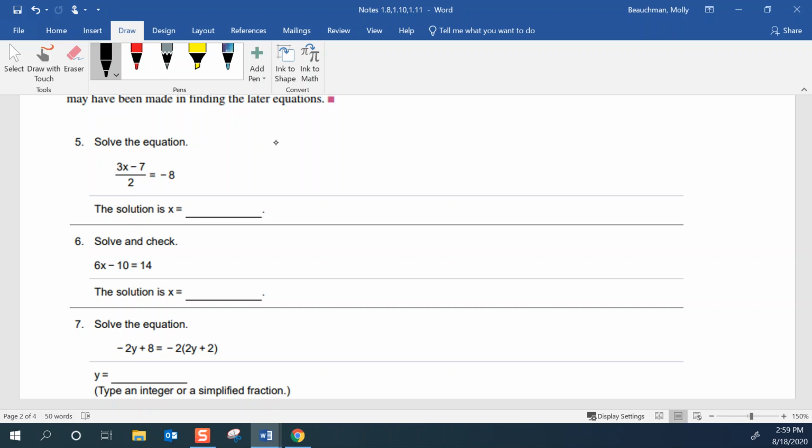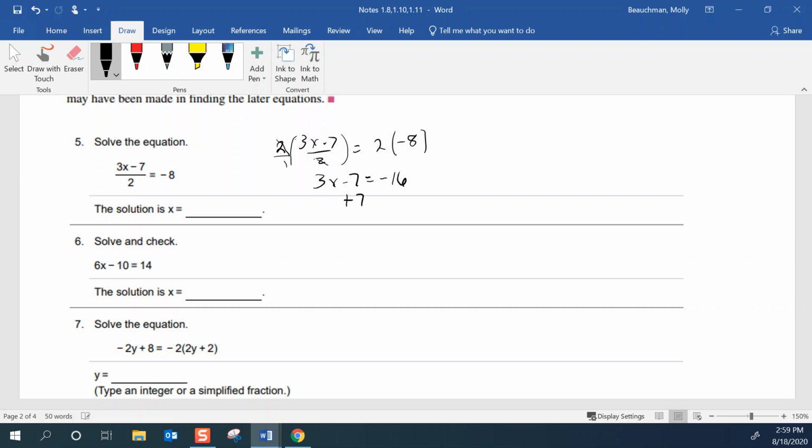So we're going to take 2 times 3x minus 7 over 2, and take 2 times the -8. Notice I put these in parentheses to make sure that we don't confuse our operations. The 2's will cancel because 2 over 1 cancels with 2. We end up with 3x minus 7 is equal to -16.